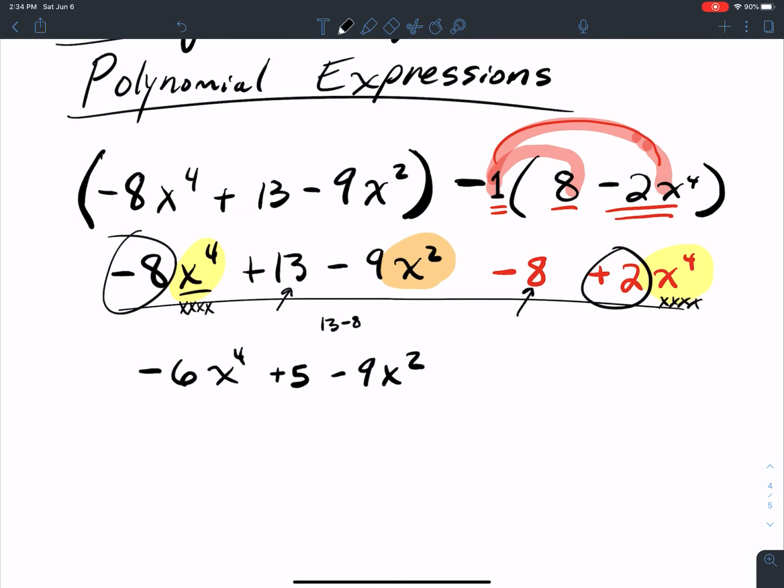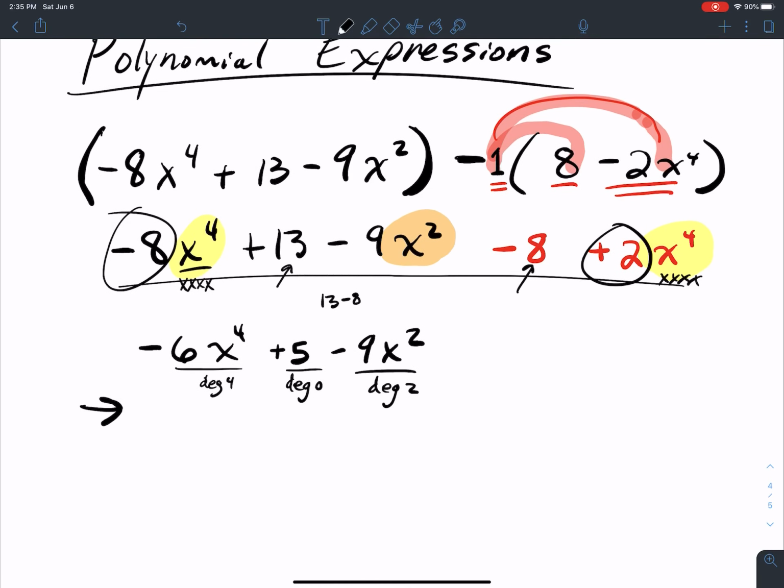Okay, now just, because I'm cuckoo, I'm going to write this in descending order. So right now this term is a degree 4. This term is a degree, well, there's no variable, so that's degree 0. And this term is a degree 2. So rewriting this in descending order, I start with the highest degree term, that's negative 6x to the fourth.